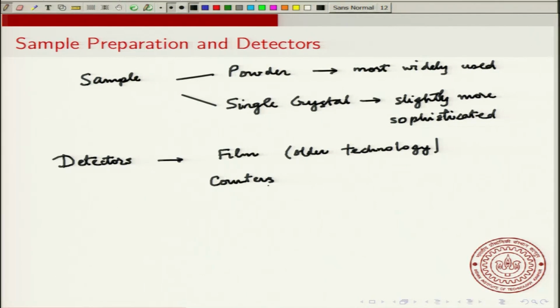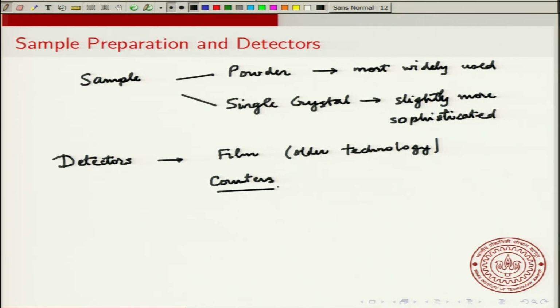Nowadays they usually have counters. So, you have some sort of counter. It could be something like a photomultiplier tube or some such feature that will have a counter that will tell you the intensity of the X-ray diffraction pattern.